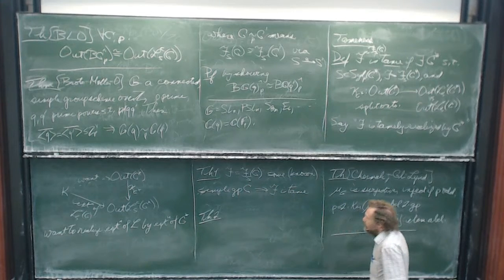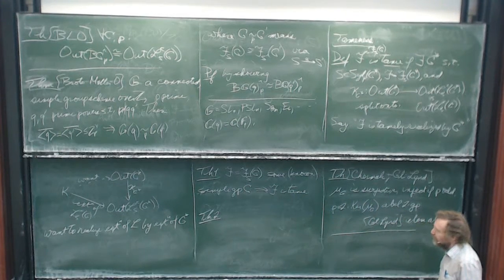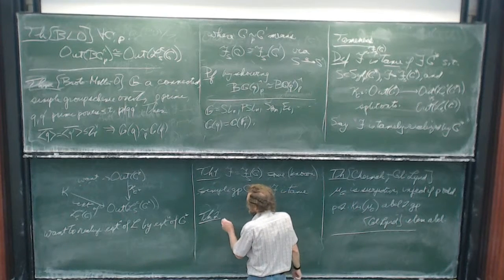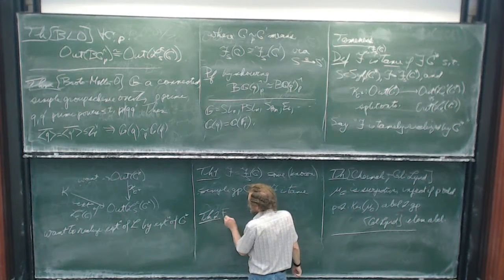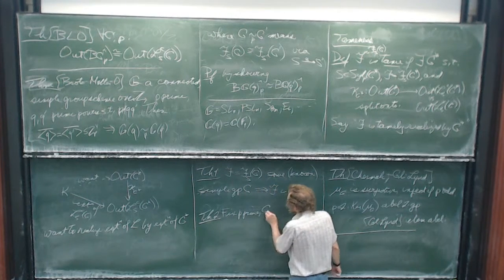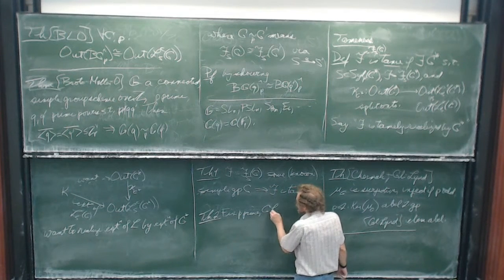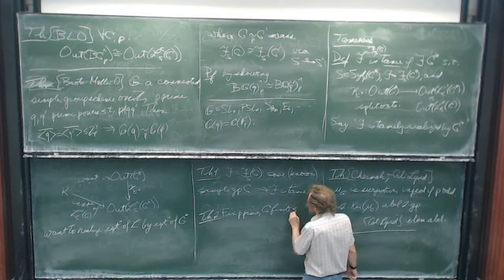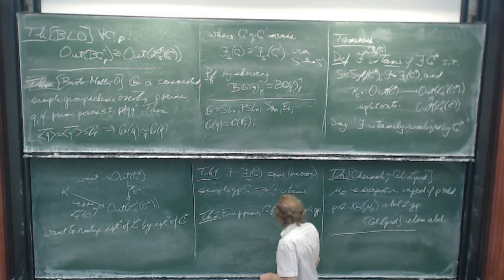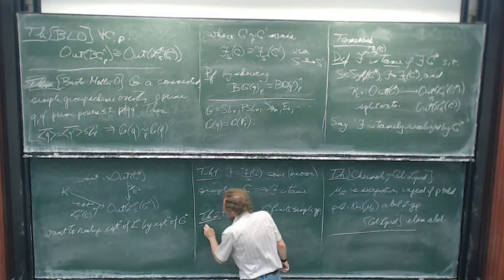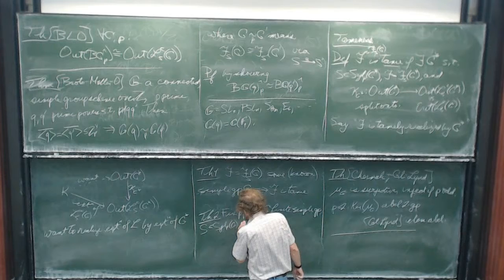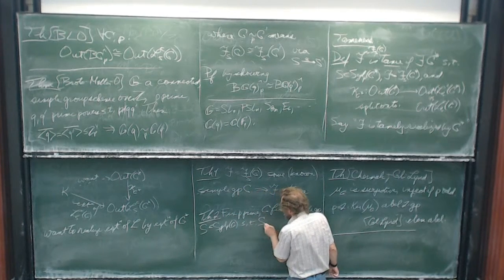So the second theorem is a lot more precise, but also somewhat more limited. So fix P a prime, G a finite simple group, S a Sylow subgroup, and assume that S is non-abelian.